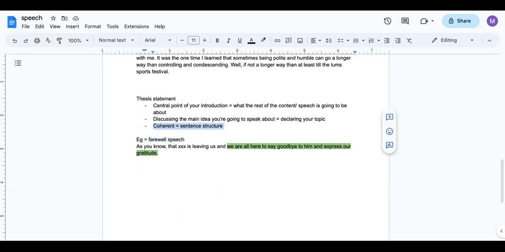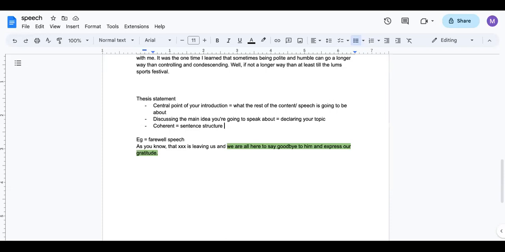I would say professional in the sense that when you read something and you have something motivational in between, that's something coherent. Coherence is basically making a statement which attracts attention.